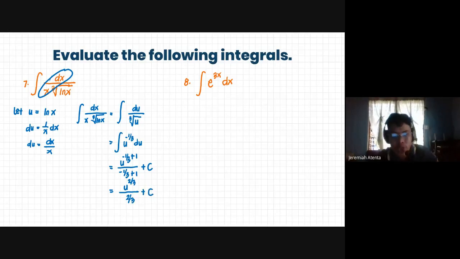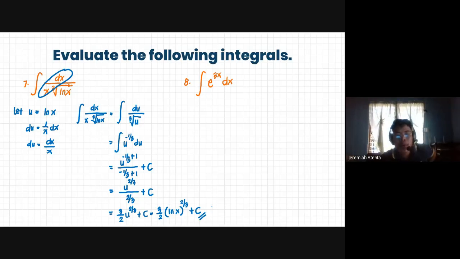Now, kunin ninyo yung reciprocal ng 2/3. So, pupunta sa taas si 3. So, you have 3 over 2 u to the 2/3 plus c, or this is just equal to 3/2 times u, which is ln x, to the 2/3 plus c. And this is now our final answer.